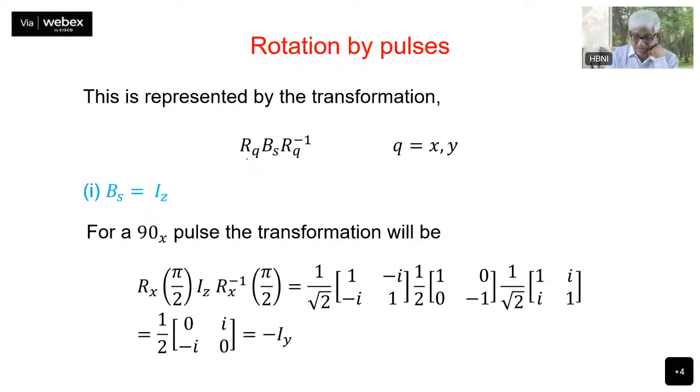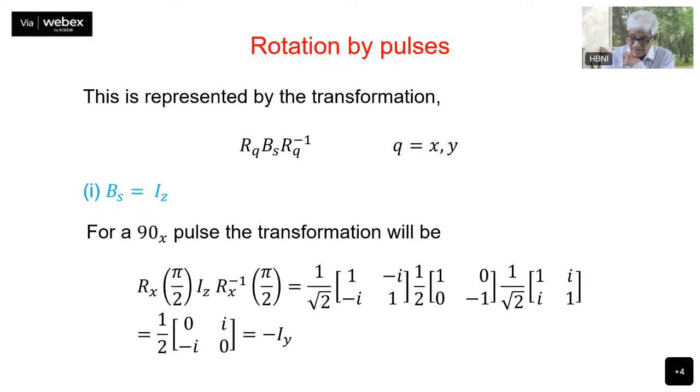For a 90-degree pulse, the transformation will be Rx pi by 2 Iz Rx minus 1 pi by 2. I am considering here BS equal to Iz. Iz is the magnetization along the Z-axis, right? So I put here a rotation along the X-axis, Rx pi by 2, Iz, Rx minus 1 pi by 2. This is the 90-degree pulse. What I do here is put these three matrices of the individual ones. These are rotation matrices. So Rx pi by 2 is 1, minus i, minus i, 1, times 1 over root 2.